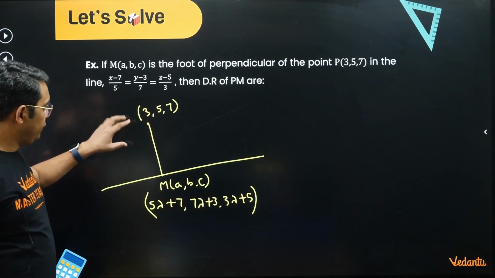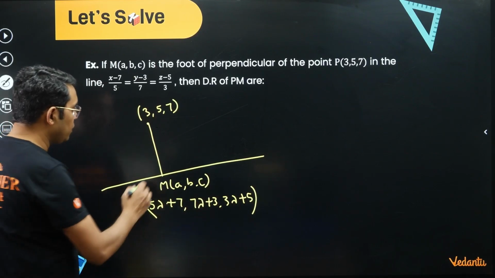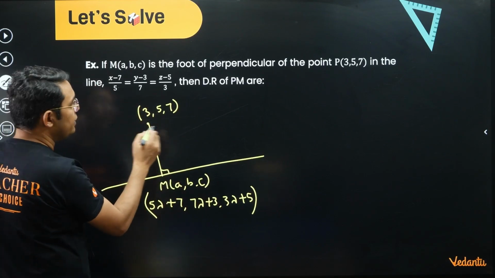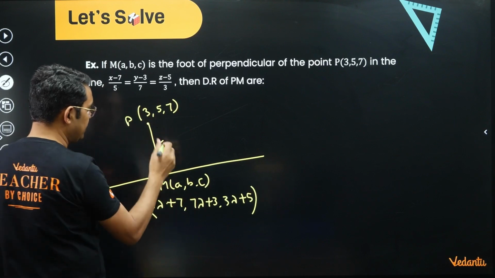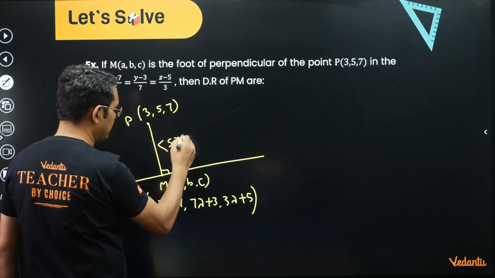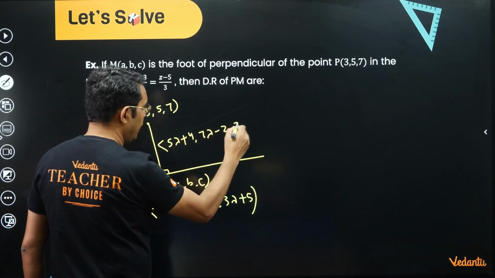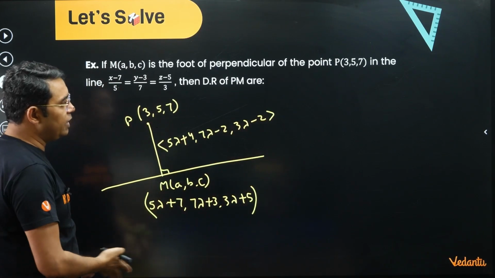Now the condition of foot of perpendicular should be the direction ratio of the line joining this P to M, which would be 5 lambda plus 7 minus 3. So it will be 5 lambda plus 4, 7 lambda minus 2 and 3 lambda plus 5 minus 7, so 3 lambda minus 2.